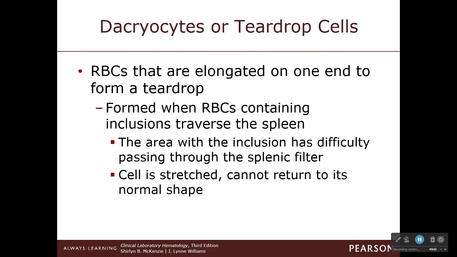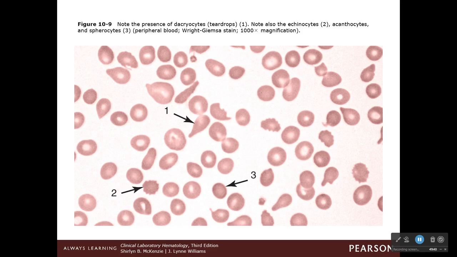So you end up having what we call teardrop cells. Okay, this is a teardrop cell. Okay, teardrops, dacryocytes. All right, these are teardrops. You ought to be able to spot those. Right, they look just like tears.